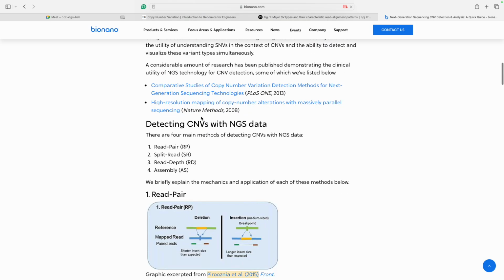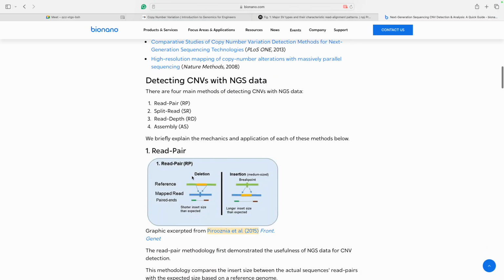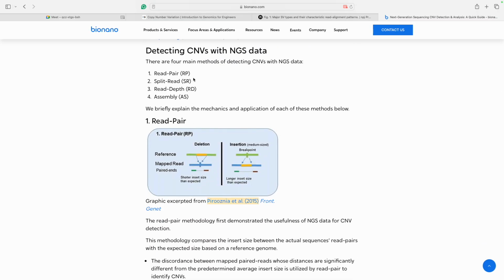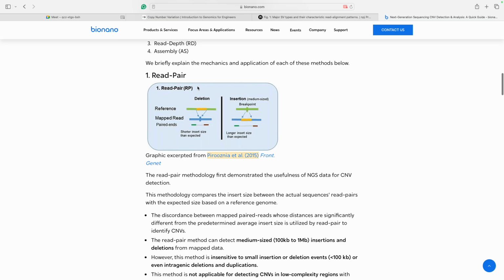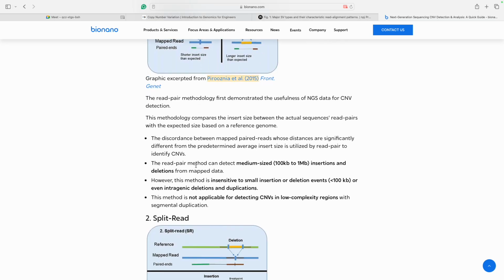So, there are a few ways where we can detect CNVs. One is read pair, the second one is split read, depth, and assembly. Read pair distance, we have seen how we can calculate our read pair distance.